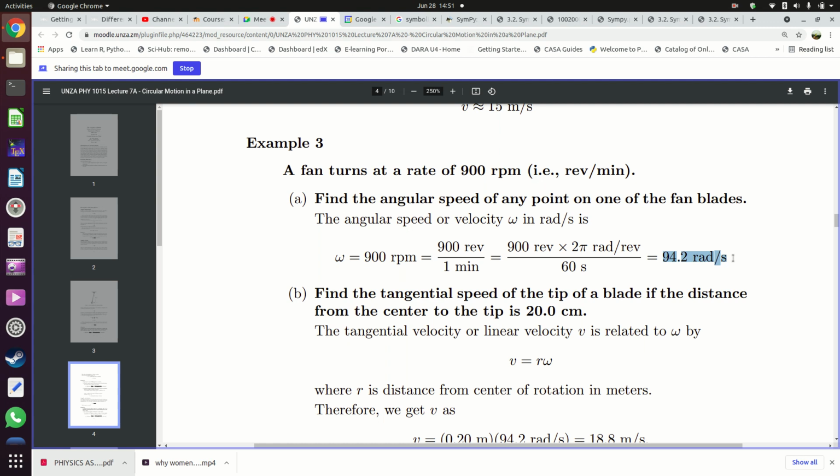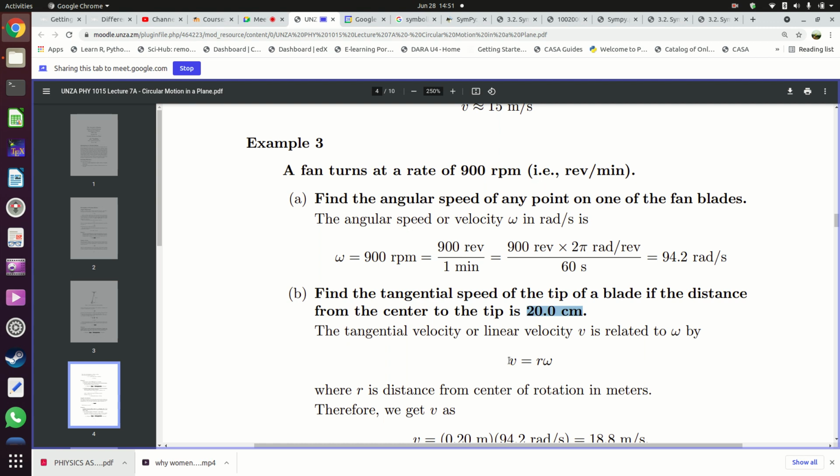Of course, take the speed of any point away from the center of this fan. That's a radius. If a point is 20 centimeters away, then this 20 centimeters is your radius, which is 0.2 meters.